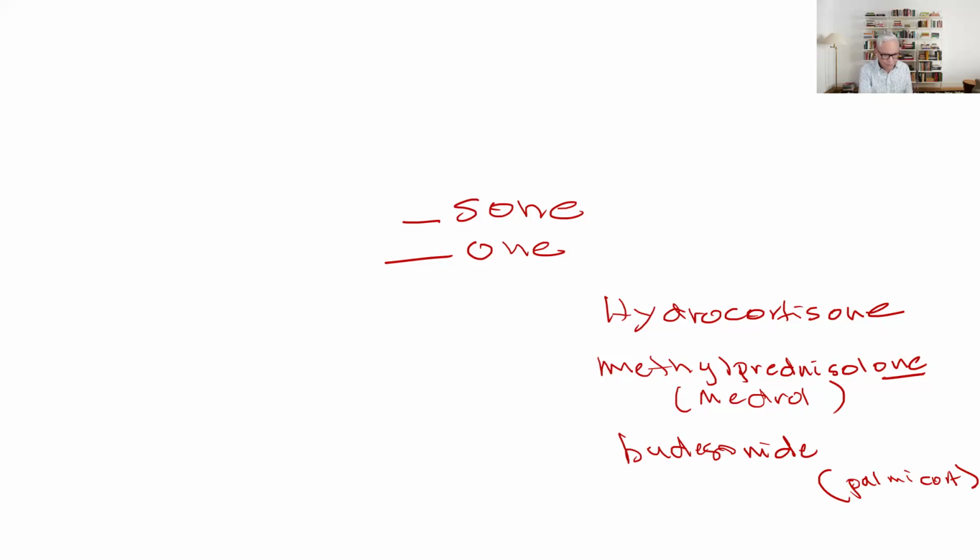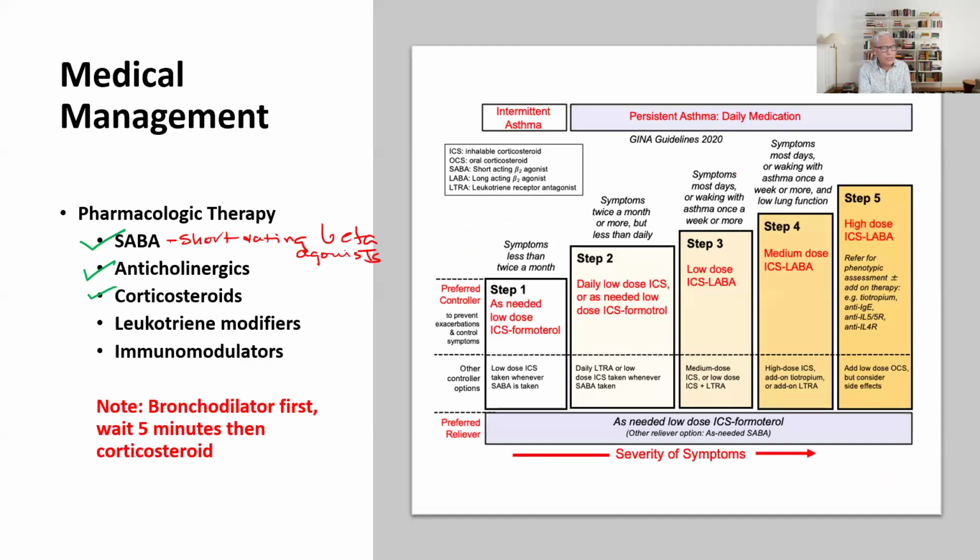Now, however, when you give steroids, they do not work right now. They're going to take their effect in approximately 5 to 7 days. So is this going to be a good drug, therefore, to treat acute symptoms?